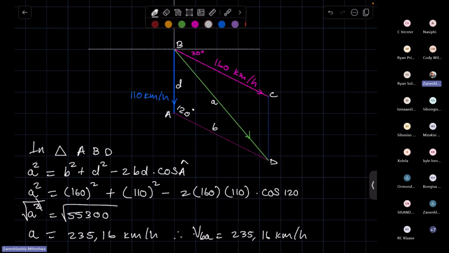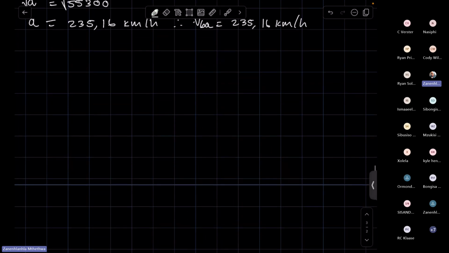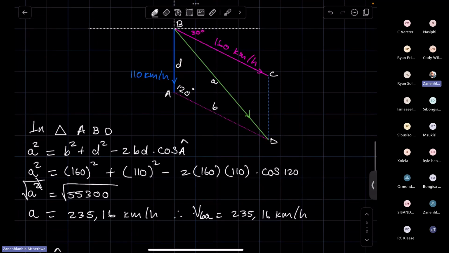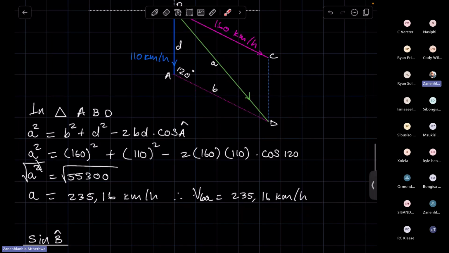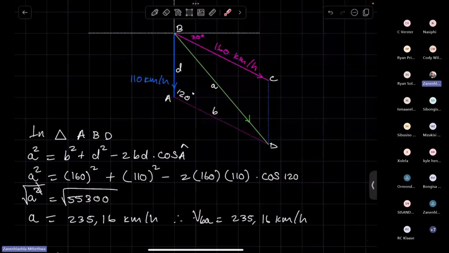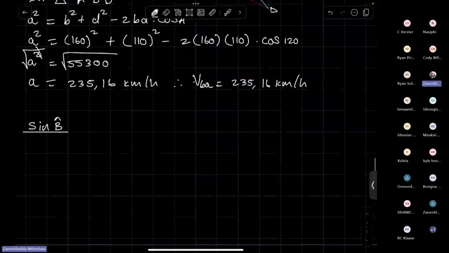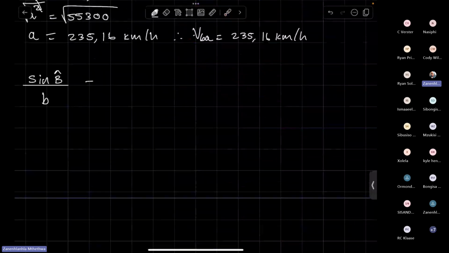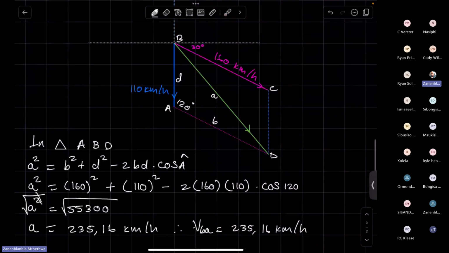Using the sine rule now, we are looking for sine B, looking for angle B. We divide that by the side opposite the angle, which is side B. So sine B over B is equal to, this is the angle we're looking for.